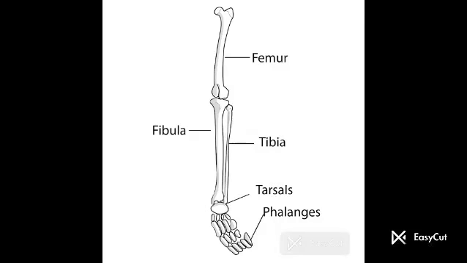Next to it is the patella, also called the knee bone. Next to this are the tibia and fibula. After the tibia and fibula is the ankle bone, which we call the tarsals. Then come the metatarsals, and finally the digits, which we call phalanges.